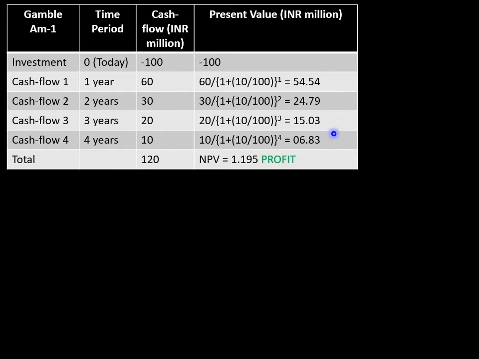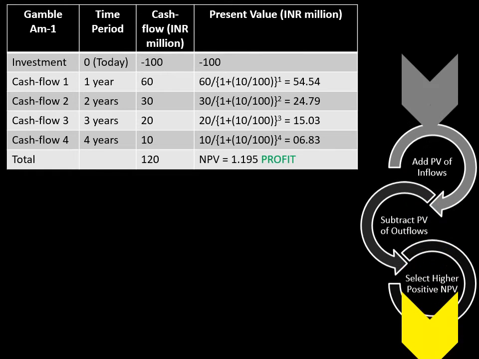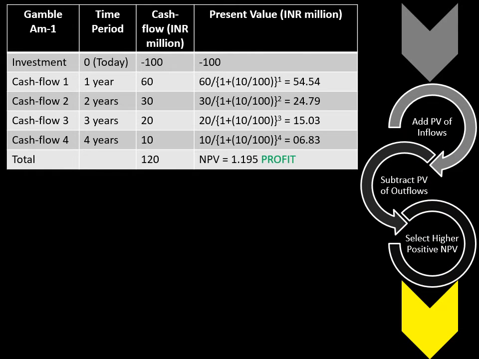I find the present value and I subtract the outlay. That gives me the NPV. Don't worry, we'll take a look at this again. You add all the present value of the inflows, you subtract the present value of the outflows. Whatever you get is the NPV. It's that simple. I want you to look at the next project and try to do this by yourself.